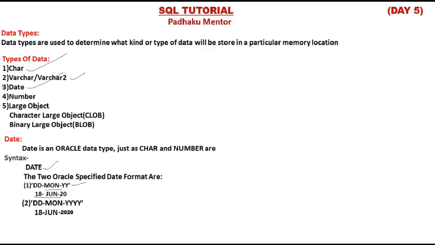So this is all about the date format. Date is a data type, just like char and number. Oracle specifies two date formats: the first takes DDMONYY and the second takes DDMONYYYY. So we can write the date in two formats, like 15 AUG 47, or we can write 15 AUG 1947.